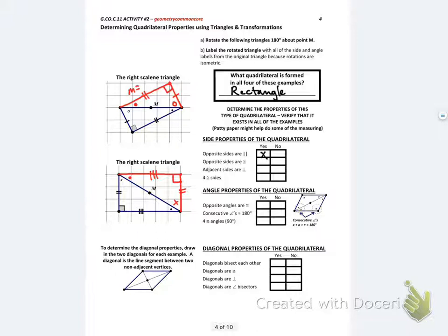Up 2, over to the right 4, which simplifies down to 1 over 2.